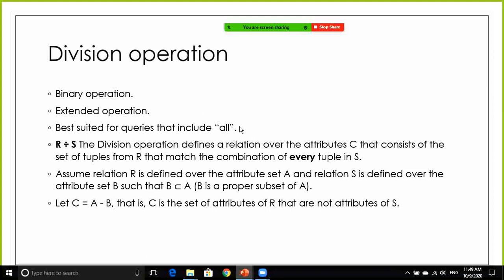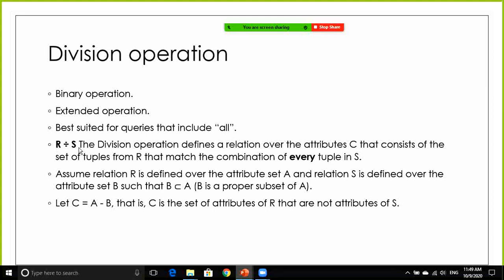For example, if a statement is given as find the name of the students who are registered in all the courses, or find the last name of employees who have assigned all the projects, or find the customer who has purchased all the products. So you can see that in all these queries there is a common word which is all. So we can apply division operation when we have all in our query statement.